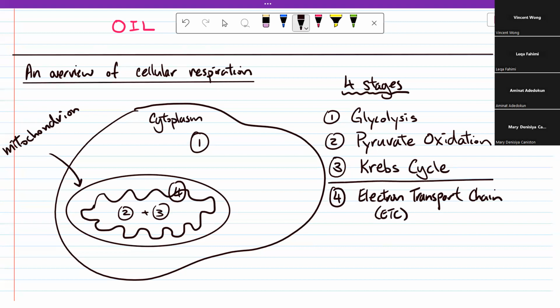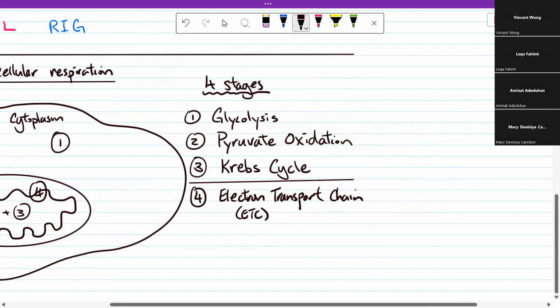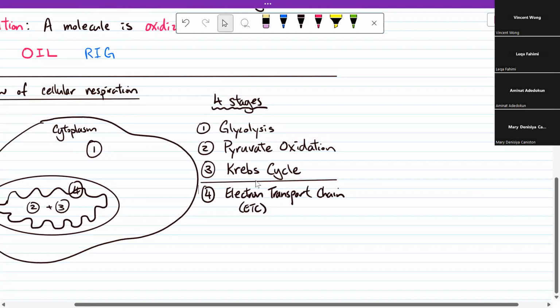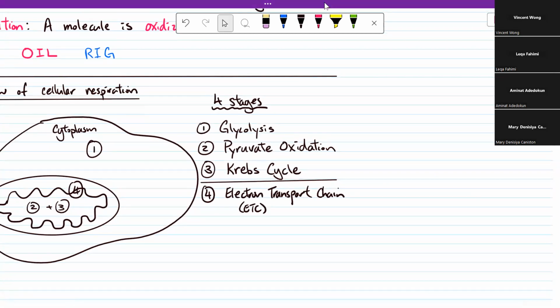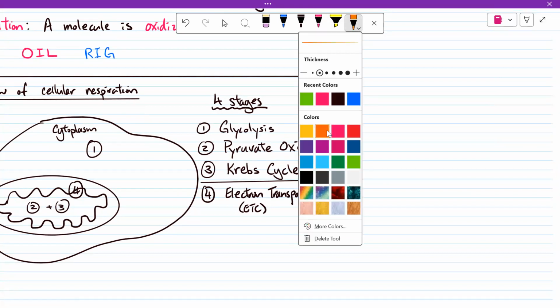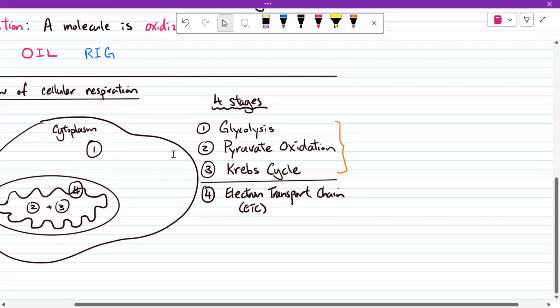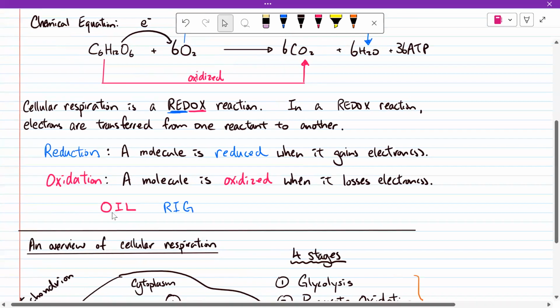Now I want to draw a line here to separate the first 3 steps from the last step. And this is the theme that I want you to remember as we continue with the lesson. What we're trying to do here is oxidize glucose. What does that mean? Remember, OIL RIG.